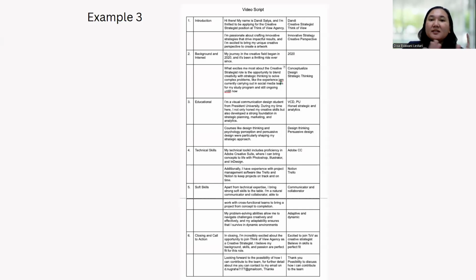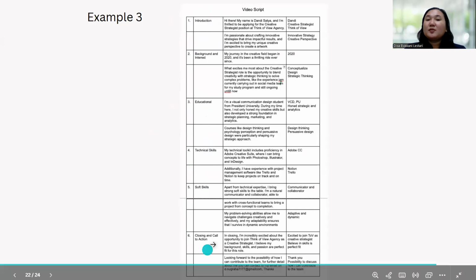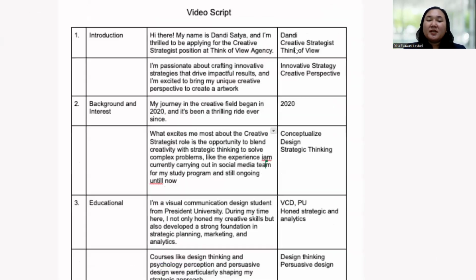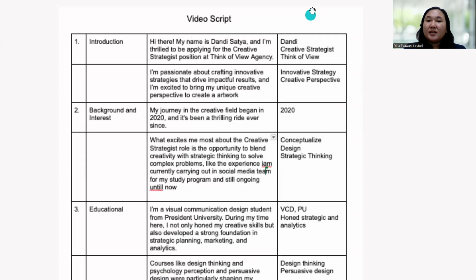Here is the sample of the video script from example 3. So it starts with the introduction, background and interest, educational, technical, soft skills, and closing. So first to start with, please create your video script, starting with the outline: your name, position you're applying for, and then the company you're applying for.